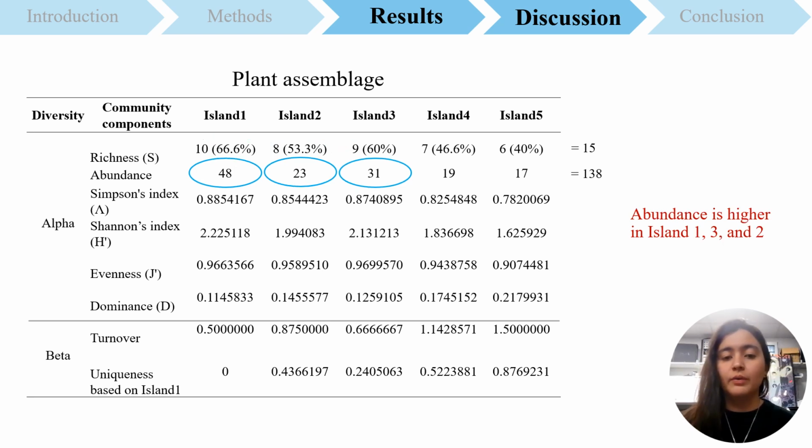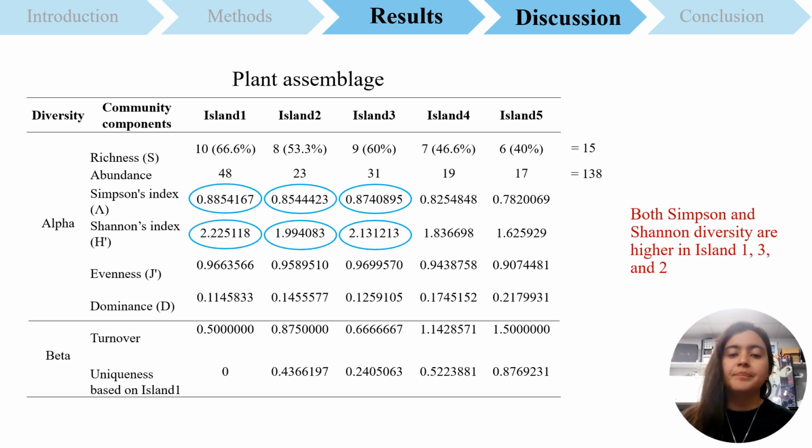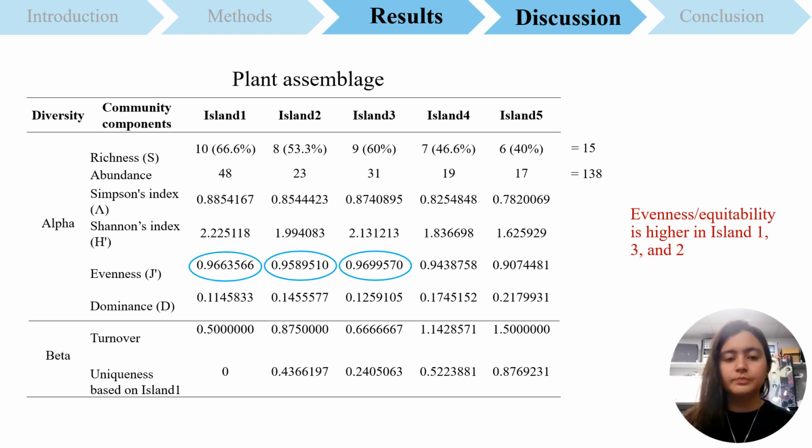It is also following the same pattern for abundance, for a total of 138 individuals. And when measuring the diversity indices, such as Simpson's and Shannon, which happen to be consistent as well, island 1 is highlighted as the most diverse island, followed by island 3 and 2.